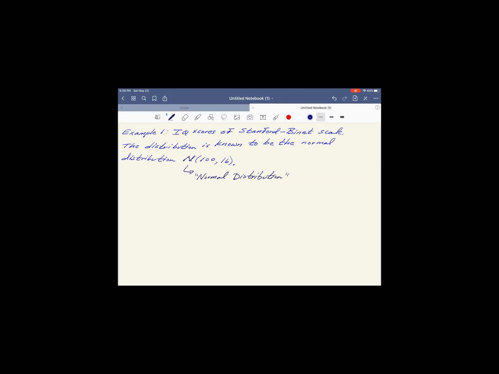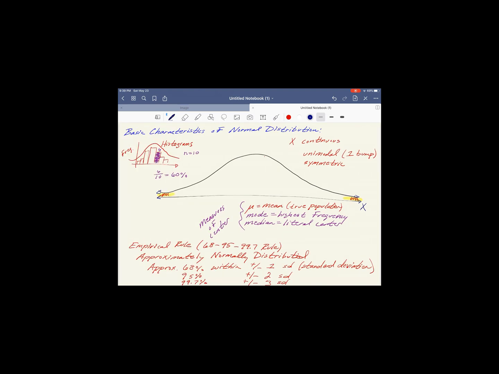Whenever we're using this notation, we use N, left parenthesis, the mean, mu, that's 100, comma, standard deviation, sigma, and then right parenthesis. So that's a condensed way of giving you the information about a normal distribution. So let's take this back to the picture we've been looking at, and let's think about how we could sketch out what is occurring on these IQ scores.